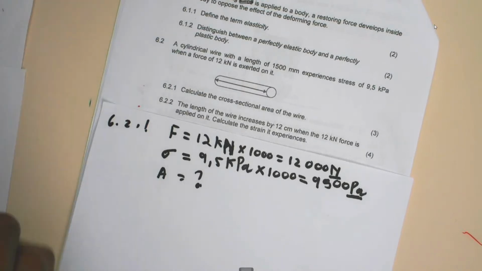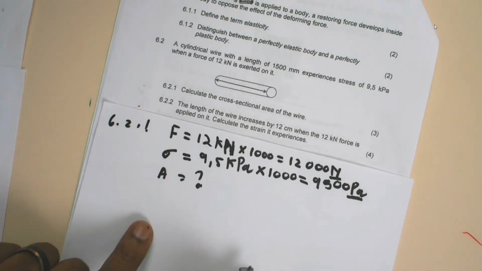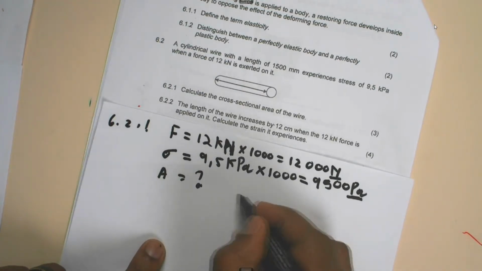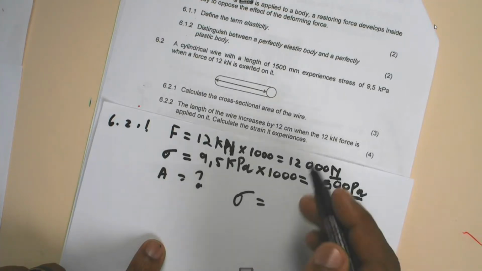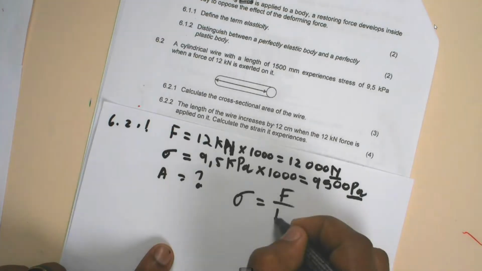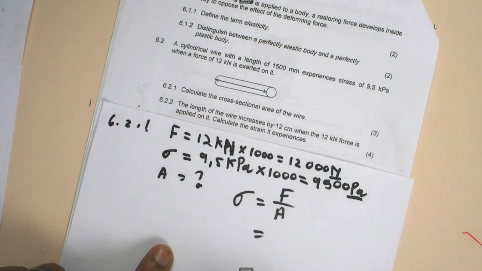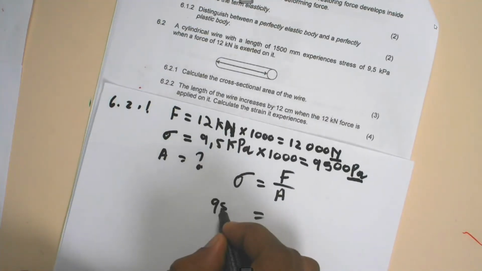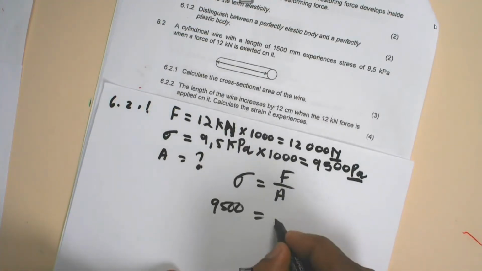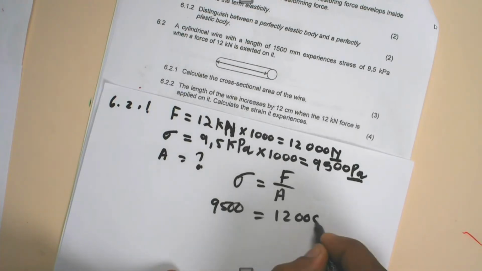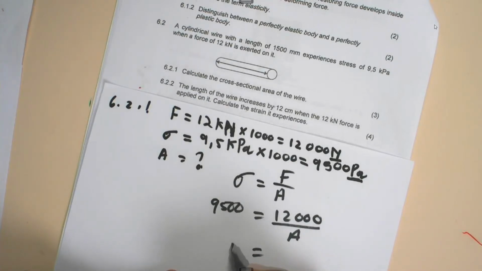With this being said, it becomes easy for me now to say I have a formula that says stress is equal to F over A, which is equal to 9,500 equals 12,000 over A. Then I can do the mathematics. It's just like that.